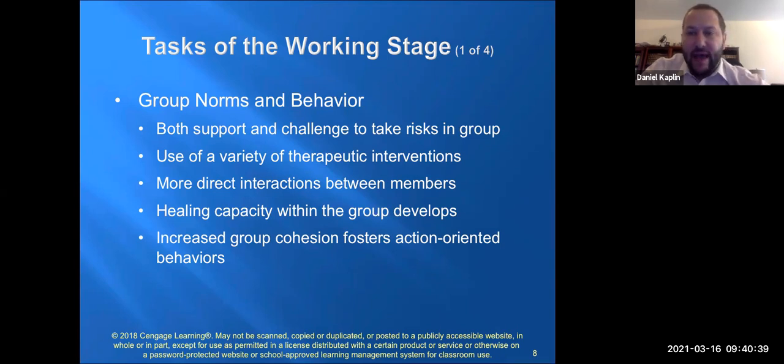I will say that the lecture on theories and interventions was helpful because a lot of what we said comes back in this stage. There's definitely more interaction between the members. Members are more direct. Members are starting to challenge one another, and they're starting to focus on action-oriented behavior.